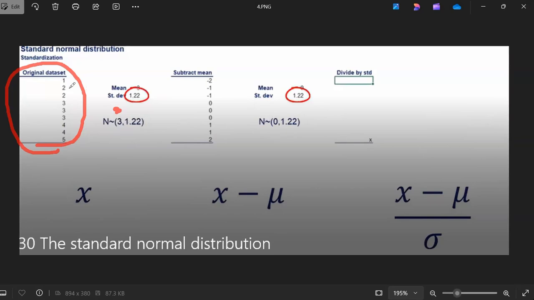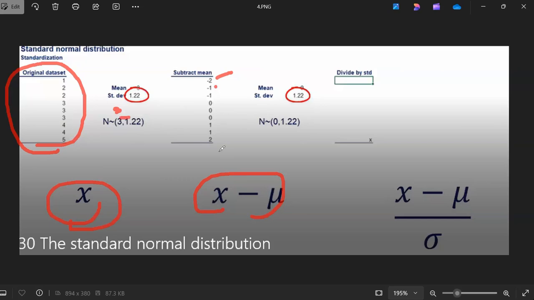1 minus 3, whole square, plus 2 minus 3, and so on, and then the root of it. Is this part clear? Now, x minus mu. Can I apply the formula now? What is x minus mu? If you follow this, 1 minus 3 is minus 2, right? 2 minus 3 is minus 1.